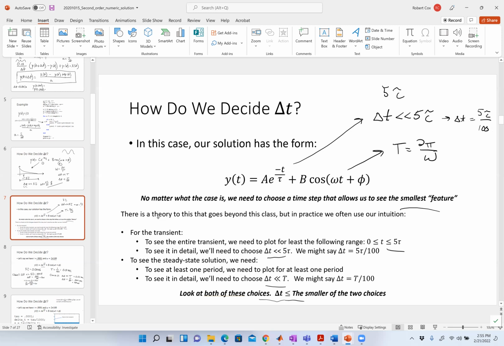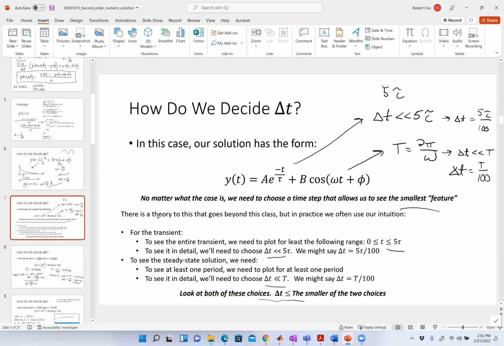If delta t is 100 times smaller than 5 tau, then delta t is 1% of 5 tau. So we're saying 1% is small enough to see it accurately. And similarly with this one, if I want to see the period, delta t should be much, much less than T, and a good choice would be T divided by 100. I could choose something smaller, like T divided by 1,000 or 5 tau divided by 1,000.